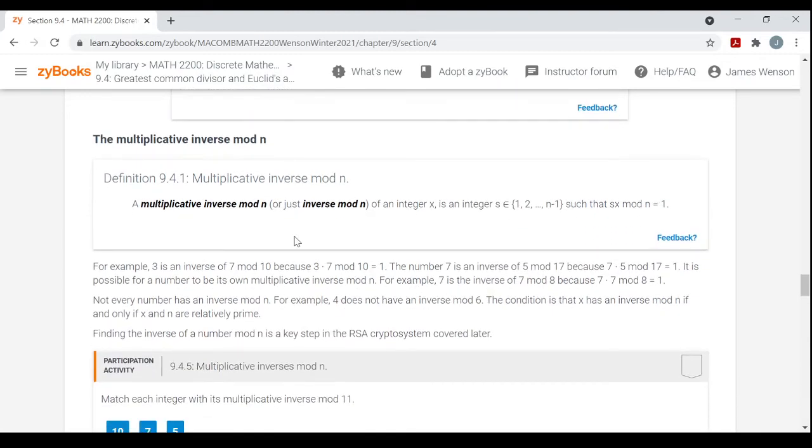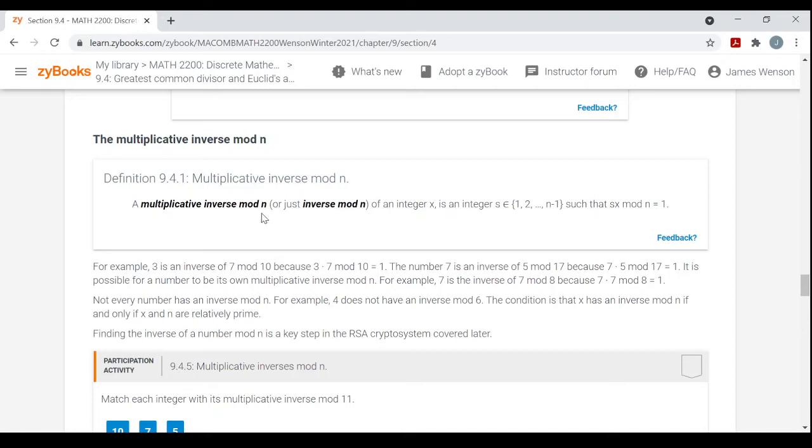All right. So now the final part of this section is on the multiplicative inverse mod n. And I think they're going to refresh your memory here. This was actually brought up before when you were introduced to modular arithmetic. But here it is again. A multiplicative inverse mod n, or just inverse mod n, of an integer x is some integer from 1 to n minus 1.